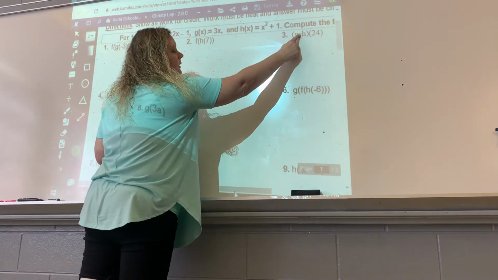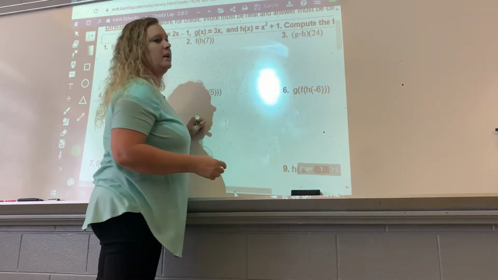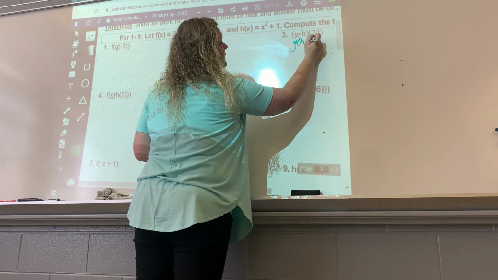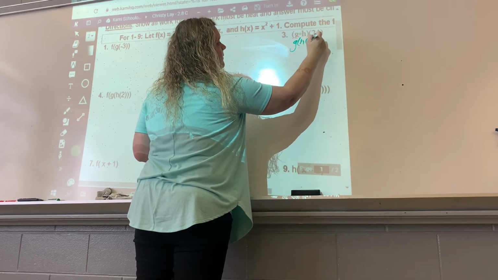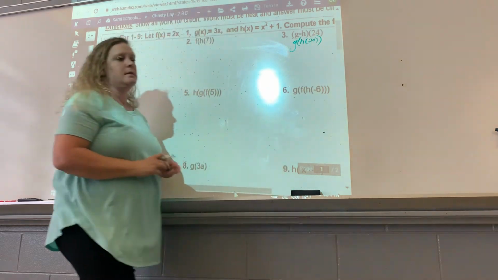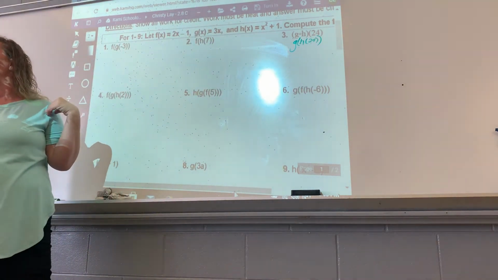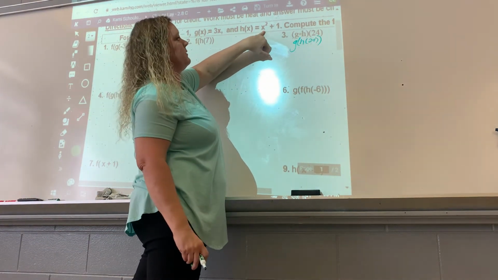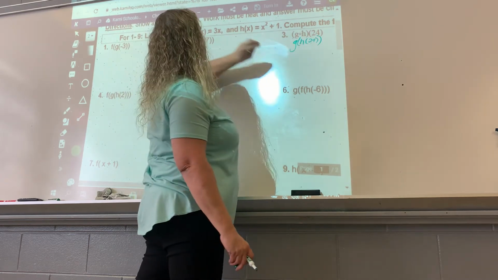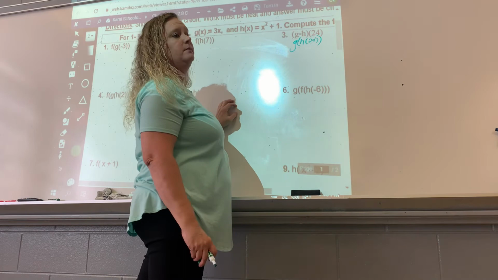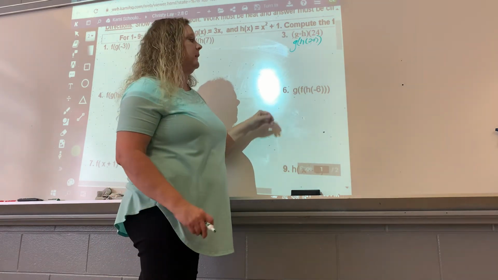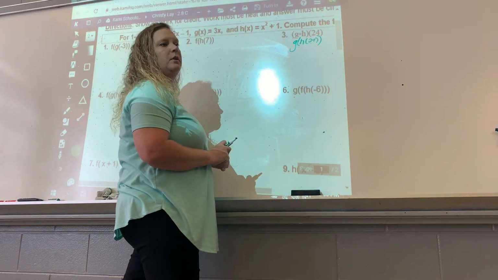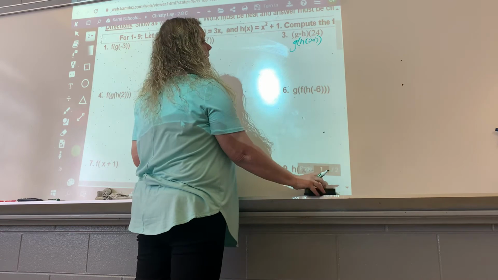It says g little circle h of 24. That's another way to write this, g of h of 24. So it's the same thing those other ones were, right? So I'm going to go to the h equation and plug in 24. Oh, that's going to be a big number, 24 squared plus 1. And then take that answer and plug it in for x in the g equation. Okay? So hopefully that helps you there. That's just a composition. It means g composed with h of 24. Okay? Same thing as the other parentheses there.